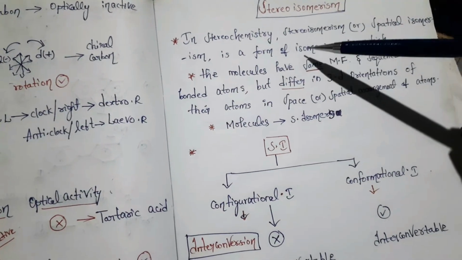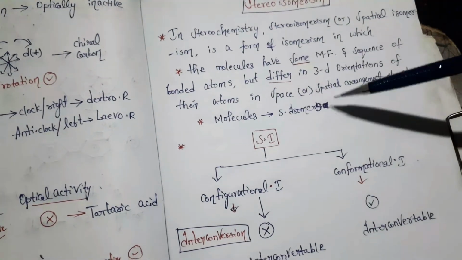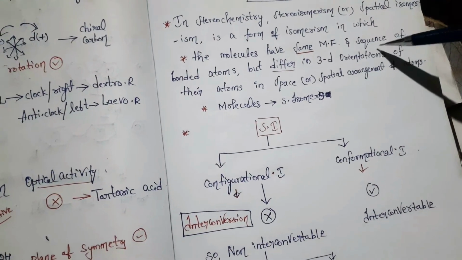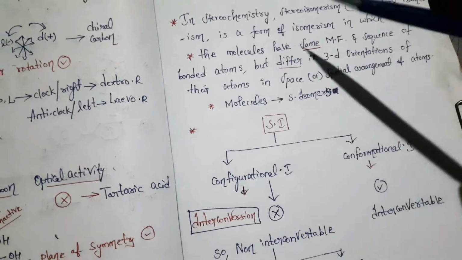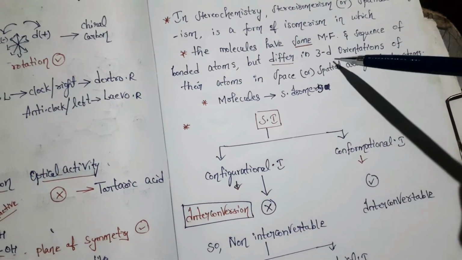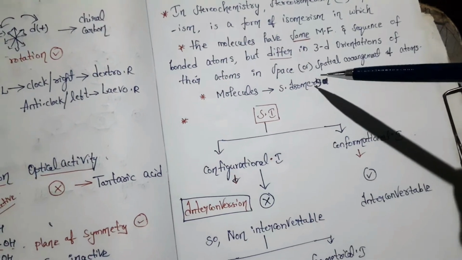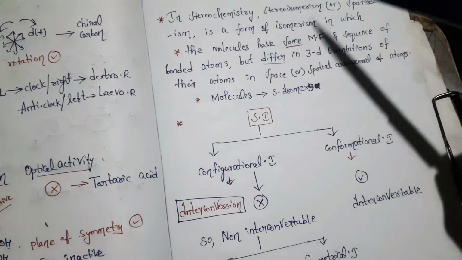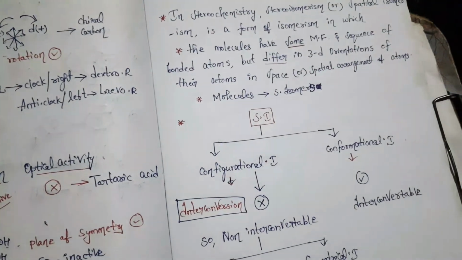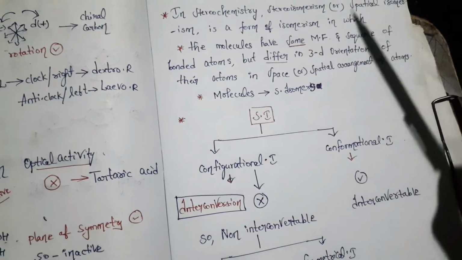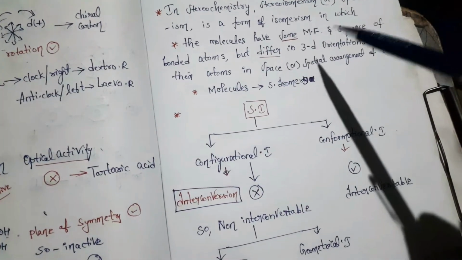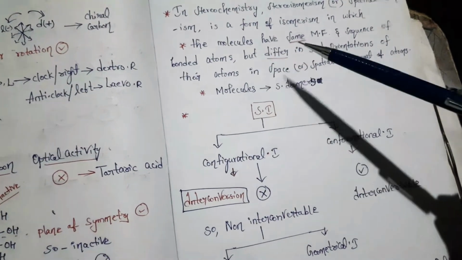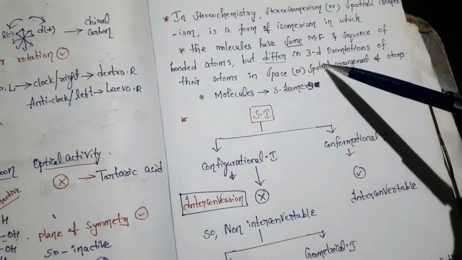So it is also a form of isomerism. Here the molecules have the same molecular formula and also the same sequence of bonded atoms, but they differ in three-dimensional orientation of their atoms in space, or spatial arrangement of atoms. Along with the same molecular formula they have the same sequence of bonded atoms, but they differ in three-dimensional orientations.